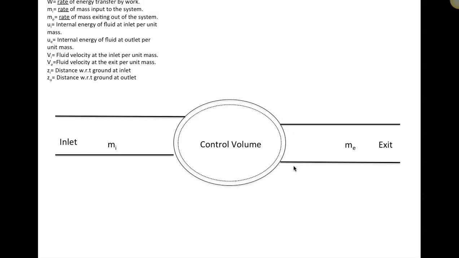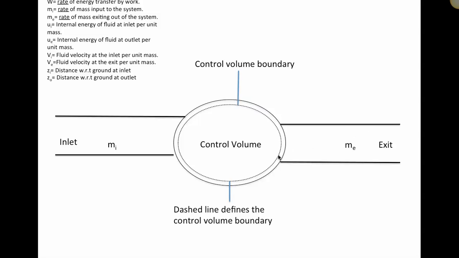So you have the control volume here, and you have the inlet and the exit. You have mass coming in and mass going out. You have the mathematical boundary of the control volume. The dashed line in the textbook defines the control volume boundary. The arrows represent the way mass comes in and mass flows out. As you can see, the inlet and outlet may not be at the same height.